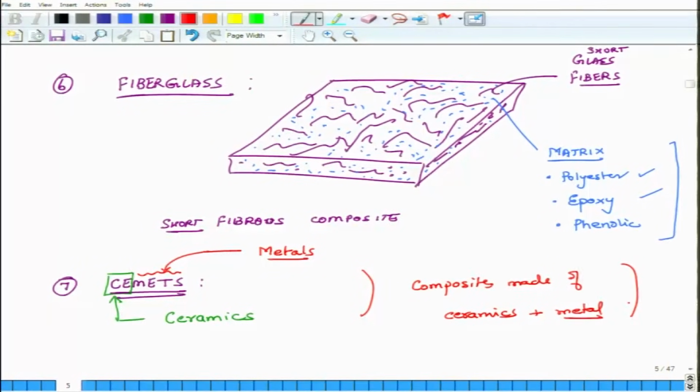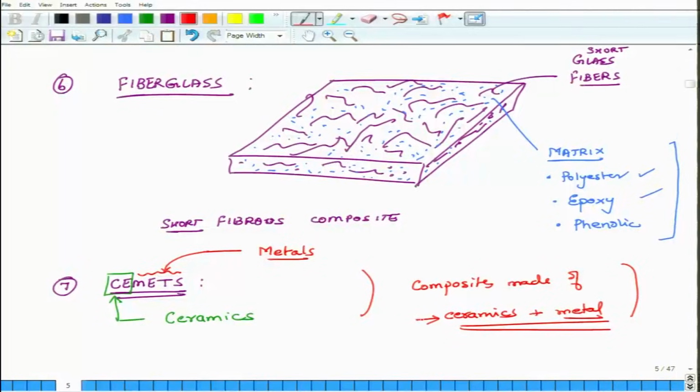A lot of times we use them in cutters. Suppose I want to cut some very hard material, a lot of times you make cutting tips made of cements, or some places where you have to withstand very high heat, there also you may use ceramic and metal composites, because they can take high temperatures. So, this is another example of engineered composite.